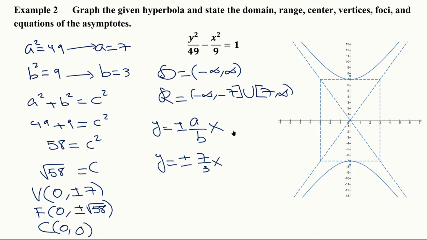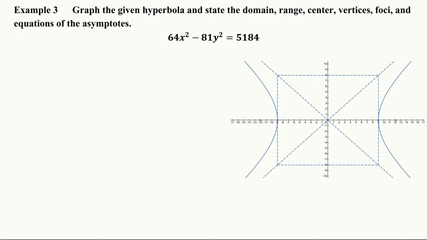Of course, let's say you sometimes forget this. No big deal. You can just see what the equation is going to be, because it's going to be y equals mx plus b. B is 0, and the slope for this one is up 7/3. The slope for this line is down 7/3. So there you go. Simple. All right, and that's how you graph that one.